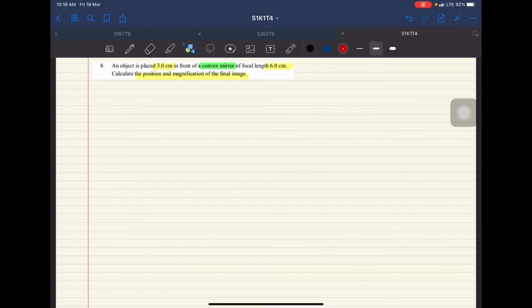Again, before you start, try to sketch so that you can get some ideas on where the position of the image would be. So it's a convex mirror. This is your object, so u is equal to 3 cm. Focal length is 6 centimeter.